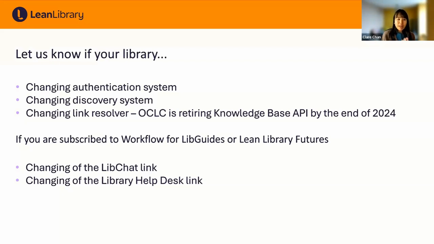A change of discovery system will be more relevant for Lean Library Futures customers, because we do have some integration with your discovery. However, if you also use Highlight and Search as a Lean Library Access customer, that will also be impacted by a change of discovery system. So again, just let us know if you have anything changing around there.